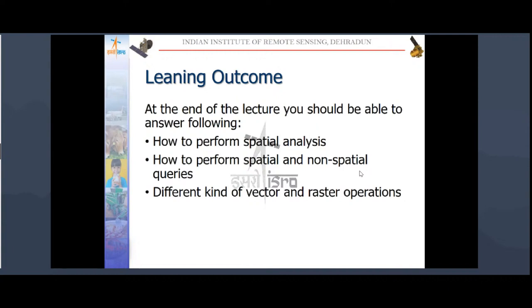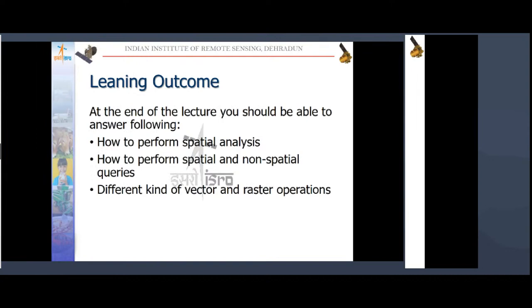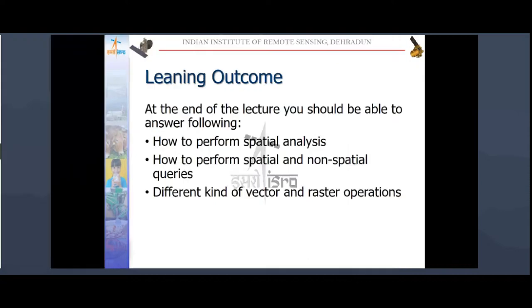Vector operation means the operations which are performed over point, line, and polygon kind of data, and raster operations means operations which are performed over raster data. Raster is the data which is in the form of pixels or photograph, you can say.